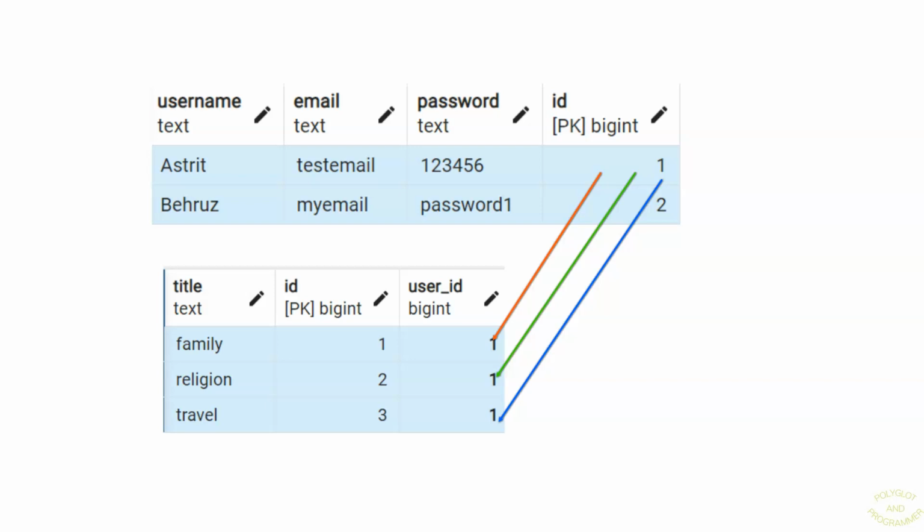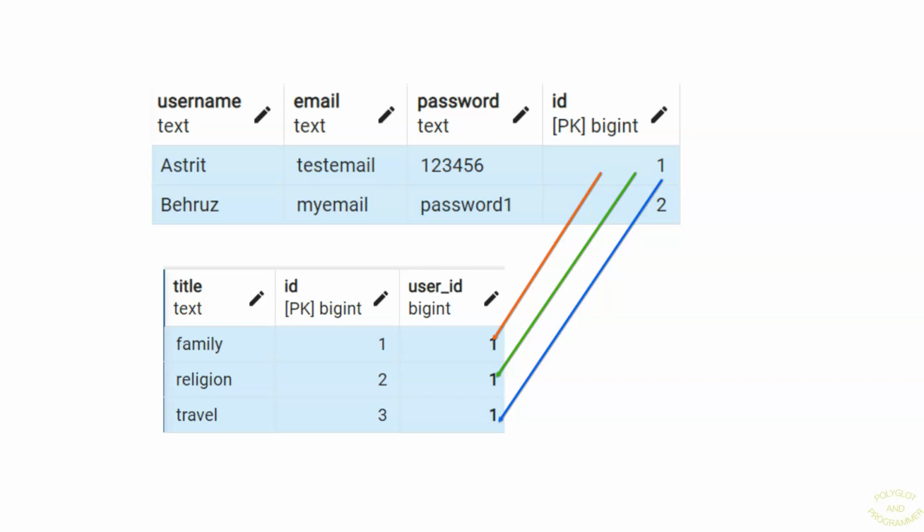And if you look inside the user info table, we will see that there is a user with ID 1 and its username is Astrid. So all these three categories, family, religion, travel, have user ID 1, and the user with ID 1 in the user info table is Astrid.